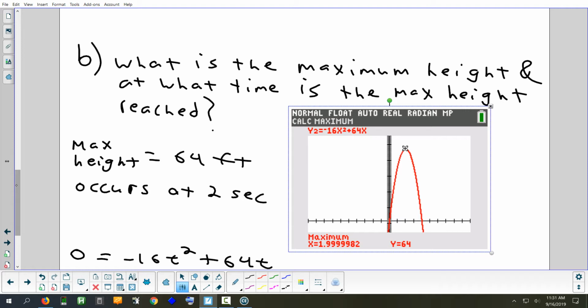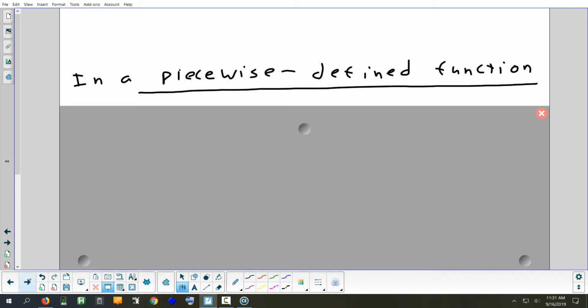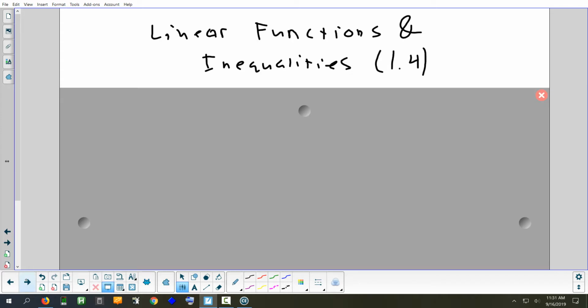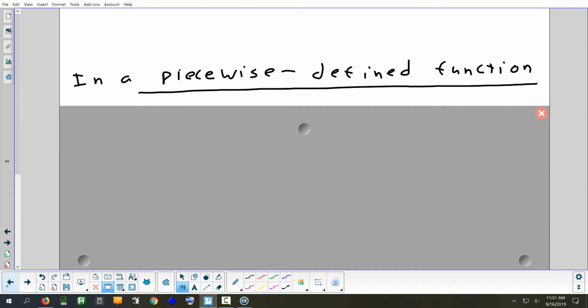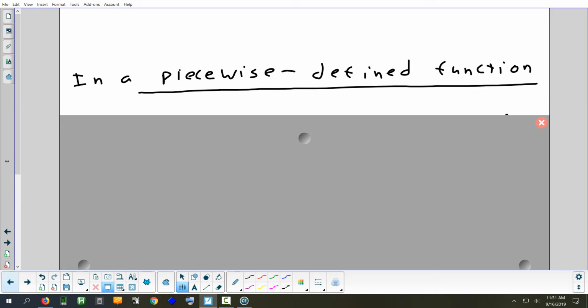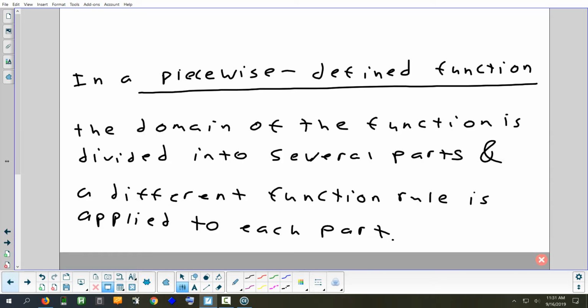All right. Any questions on how we did it with the calculator? All right. So last thing, and then we'll look at that. So a piecewise defined function. This is basically just going to be something we do on the calculator.